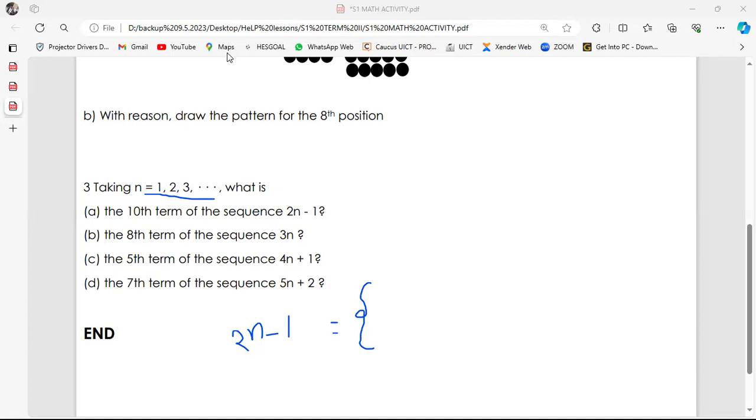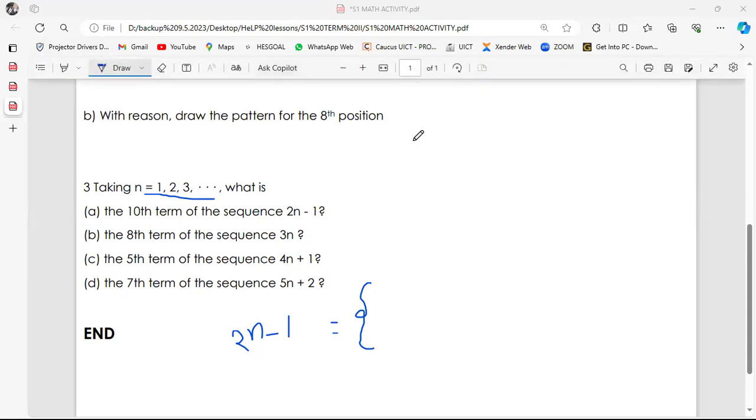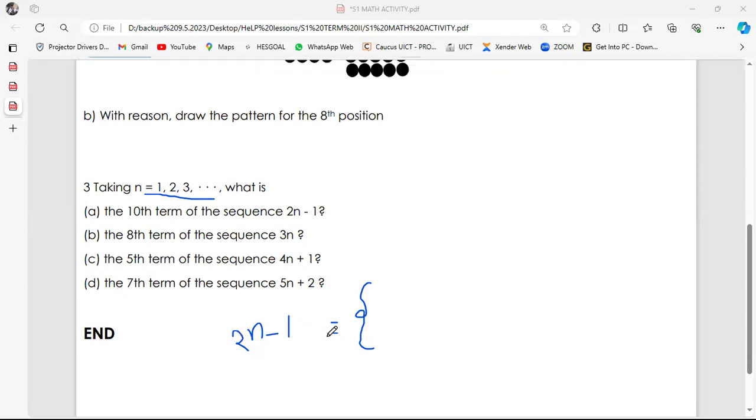N minus 1 equals 2. We continue by writing the sequence 2n minus 1 equals 2.